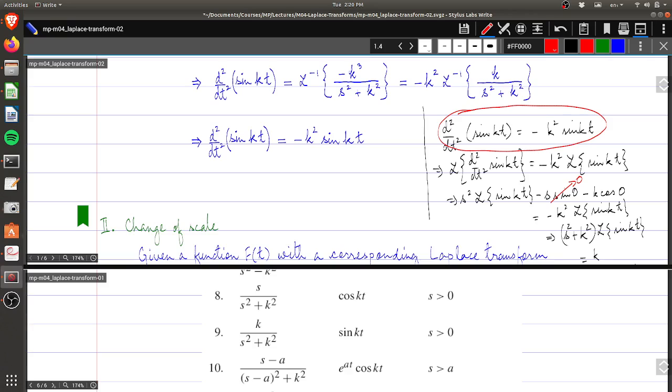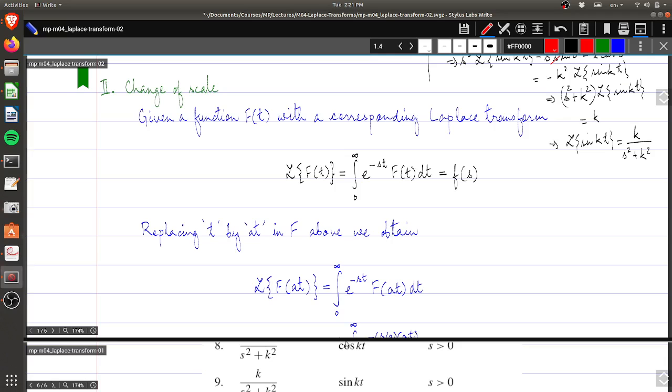Yes, sir. Okay, so the next property is what is called a change of scale. Given a function f of t with a corresponding Laplace transform, f of t is my original function, and F of s is its Laplace transform.